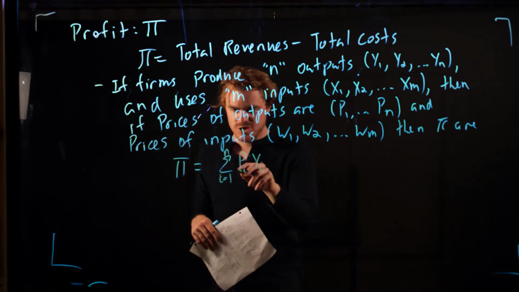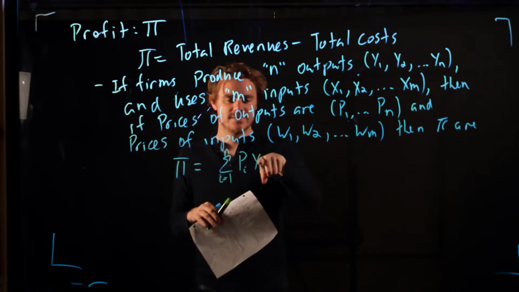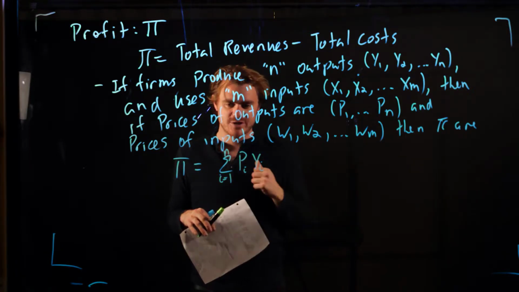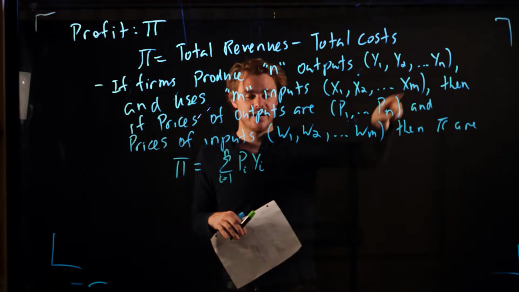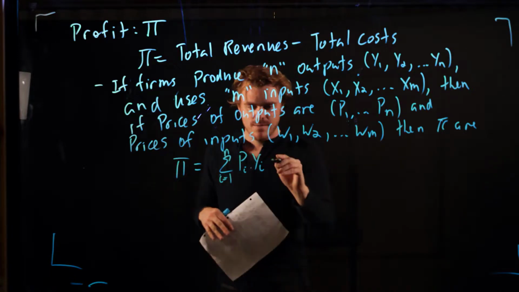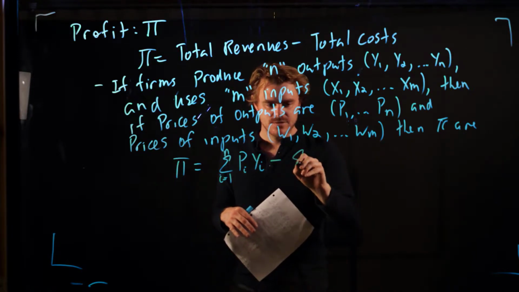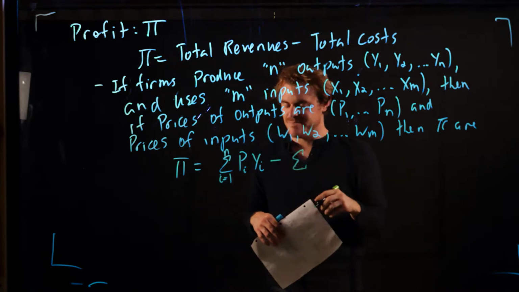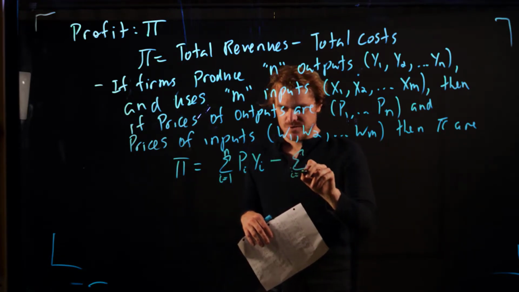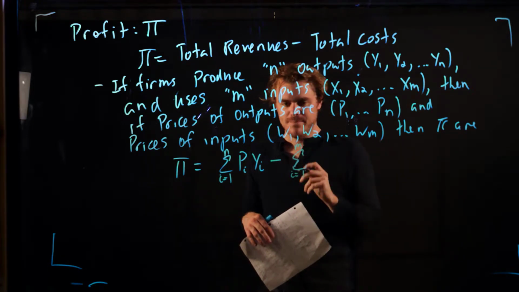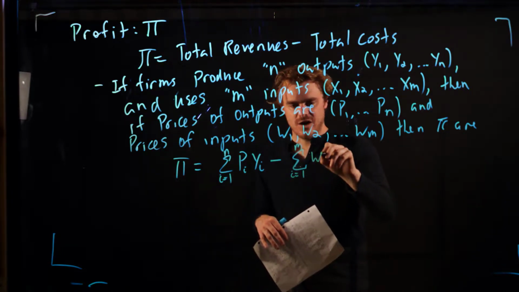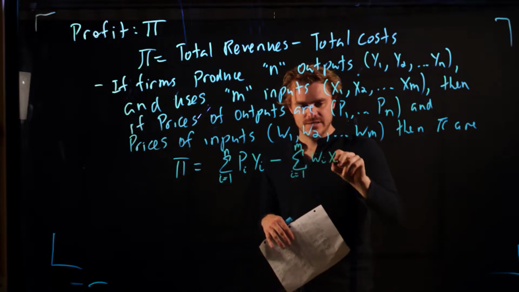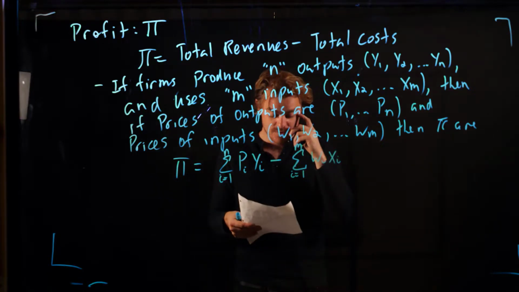So this is like total revenue, the price of the good times how much we're producing, and we're just summing up over all our different kinds of products we're making, minus total costs, which are the sum. Again, this is my ugly sum symbol. i equals 1, and now we're going to go to m, so we have m different kinds of inputs. And it'll be the cost of the input times the amount of the input we use.